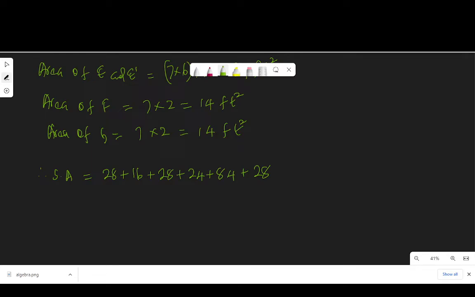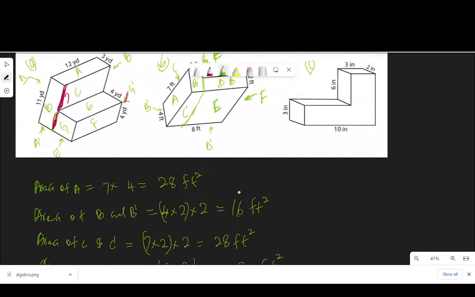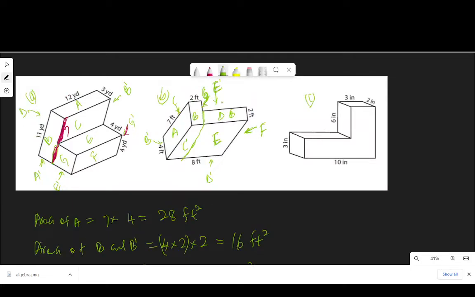I have 28 plus 16 plus 28 again plus 24 plus 84 plus 28. That is 208. So the surface area of this shape is 208 feet square. And to solve the last one, again, let's copy the question and move it down.